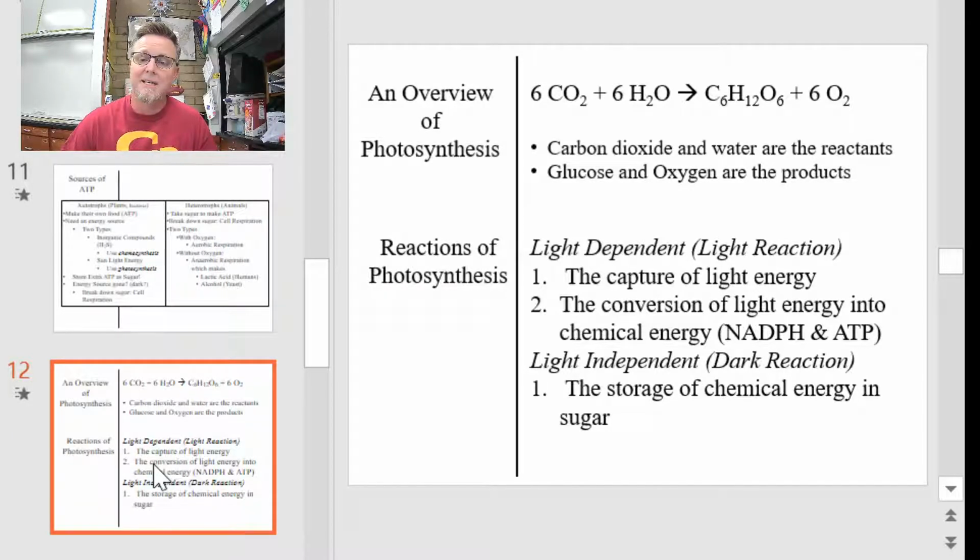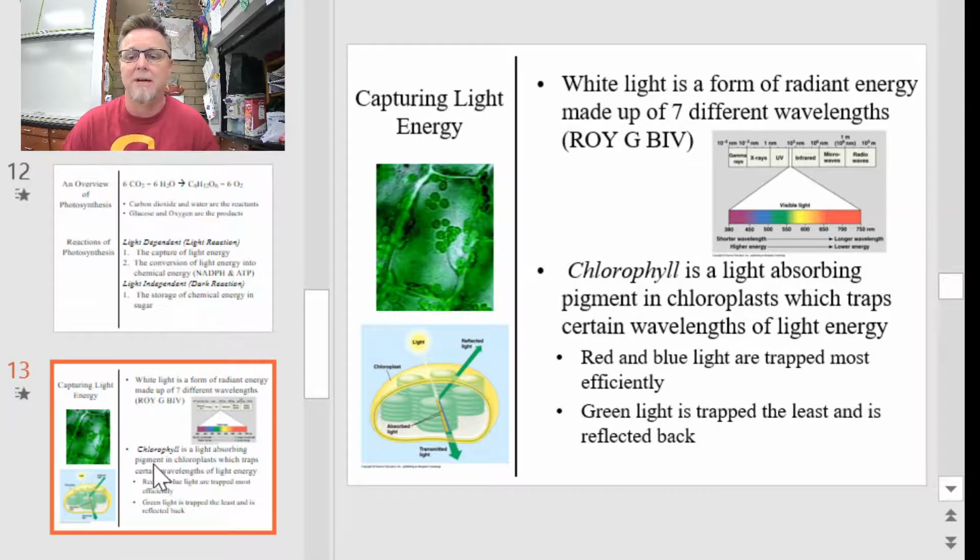And just to sum up what's going on there, in the light reaction we capture light energy, we convert that light energy into an electron carrier called NADPH and ATP. Okay? And then in the light-independent reaction, or dark reaction, that's where we get the storage of chemical energy as a sugar. So here's a couple of slides just to show you what these things look like and some of the parts that are involved in it. And again, you'll see this in a later lecture.